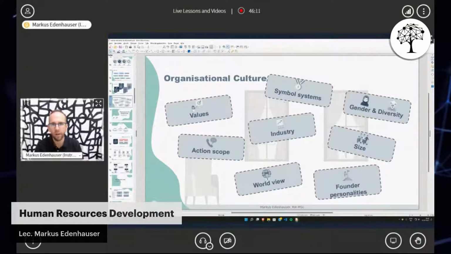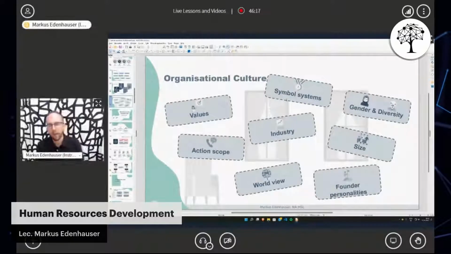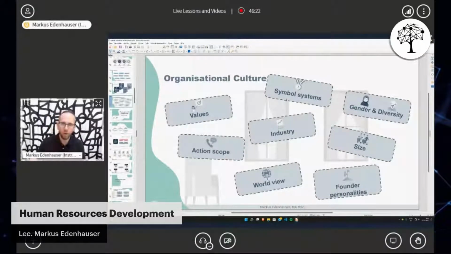That means a senior manager has some three digits in front of their name, for example, that indicates that he is longer in the hierarchy step than the next, etc. These are such an important thing for such companies. And also values, action scope, everything that you know.